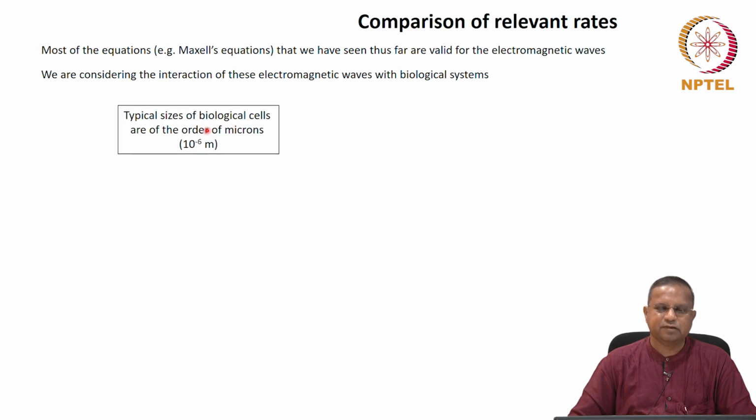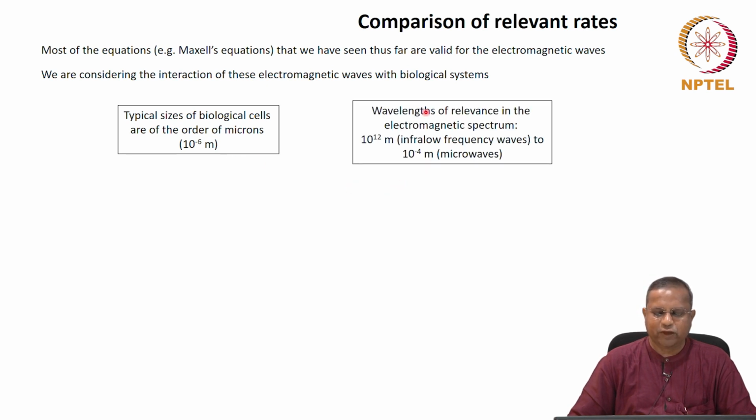If you look at the typical sizes of biological cells, they are of the order of microns, or 10 power minus 6 meters. Whereas the range of relevant wavelengths in the electromagnetic spectrum goes up to about 10 power 12 meters.